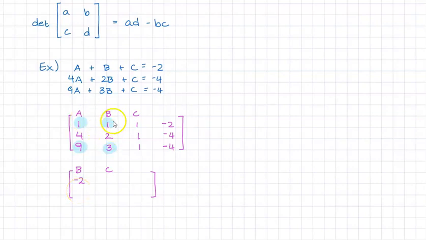So 3 minus 9 is negative 6, and that goes there. Now to get the value right here under C, we're going to look at those four numbers. So 1 minus 4 is negative 3. And now we're going to look at these four numbers. So 1 minus 9 is negative 8, and that's what's going to go right there.